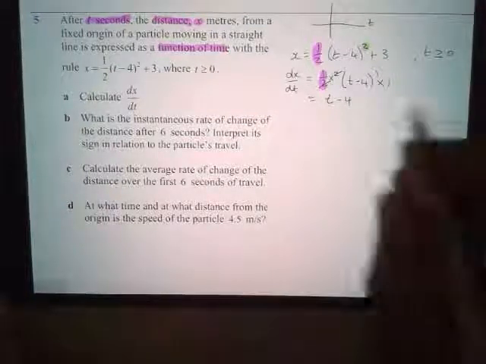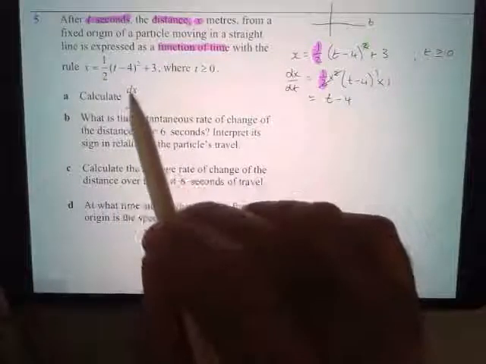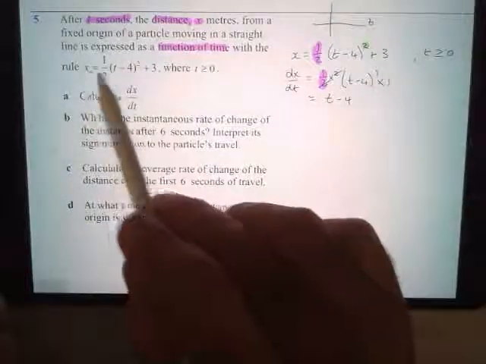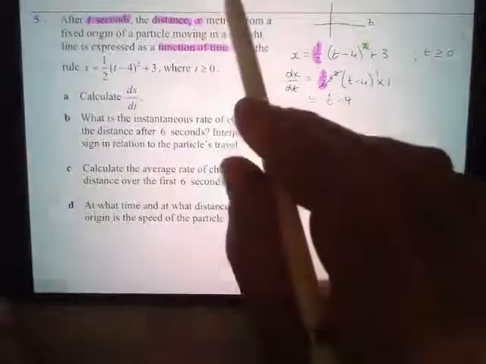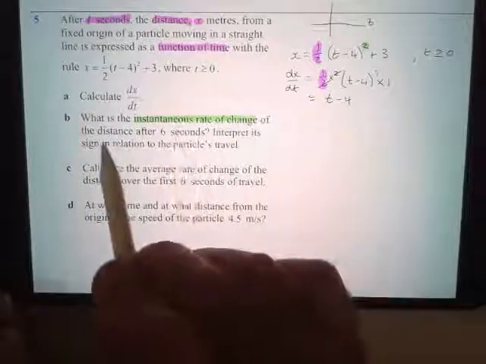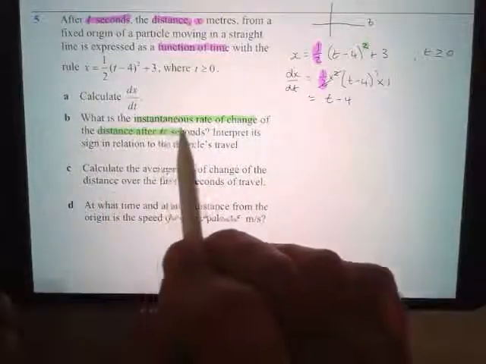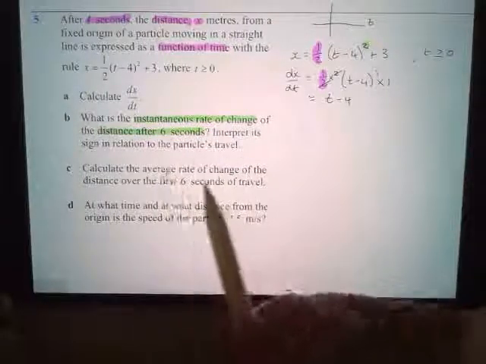So that's your first answer, t minus 4. This is the rate of change, how x changes in terms of t. In the next question, what is the instantaneous rate of change of the distance after 6 seconds? Interpret its sign in relation to the particle's travel.